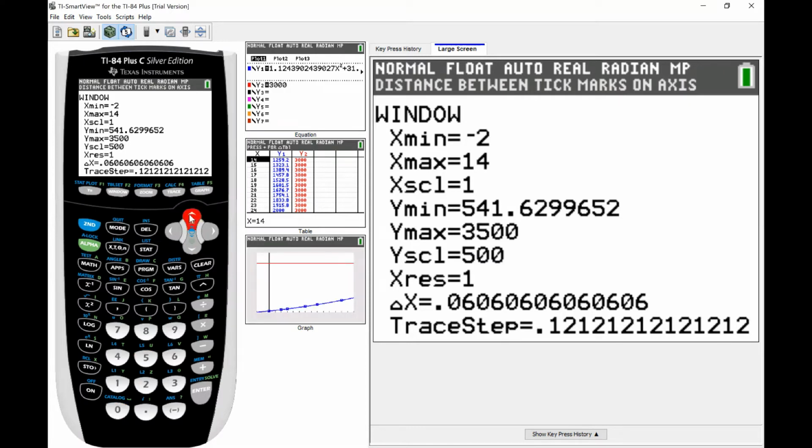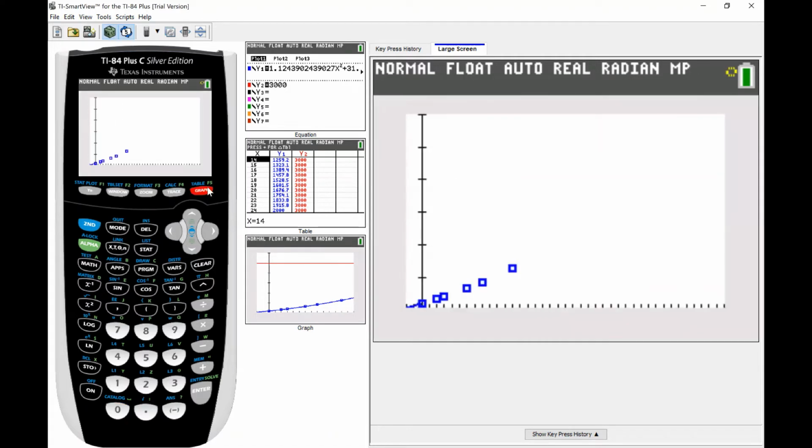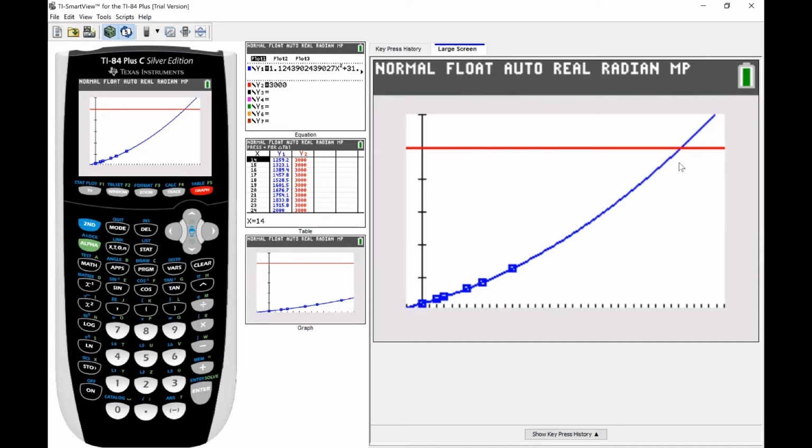And let's make our X maximum something like 40, because I don't know what it's going to end up being. And now let's graph it. Okay, so now we've made our window bigger so that we can see further to the right and further up. And yes, we do see that point of intersection.